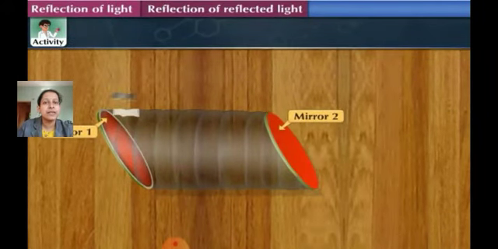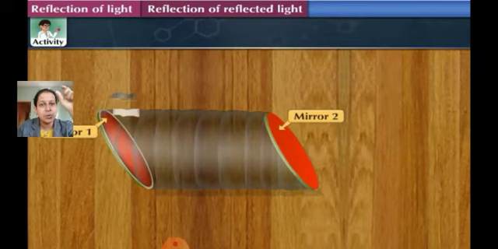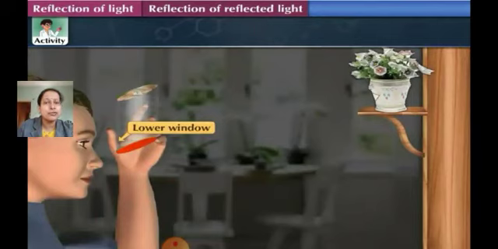Next you need to make the two windows, one above the other. That means you need to make a small cut just a little above the mirrors. Wherever you have placed the mirrors, you need to make two cuts here. Once you have made these two cuts, your periscope is ready. This instrument is also called a periscope.